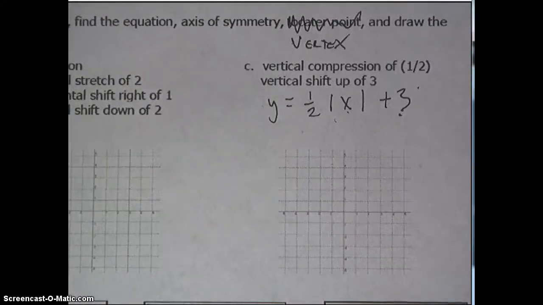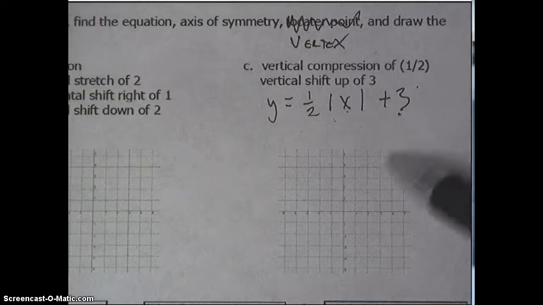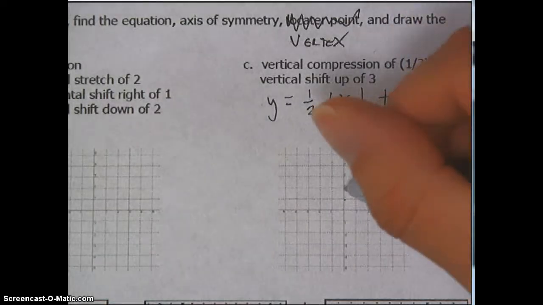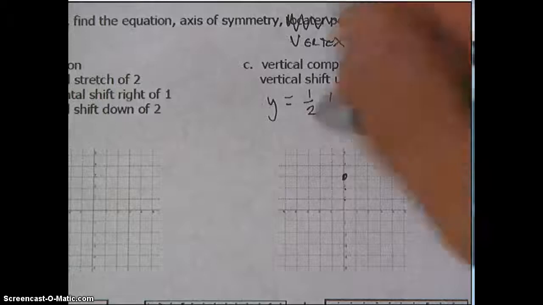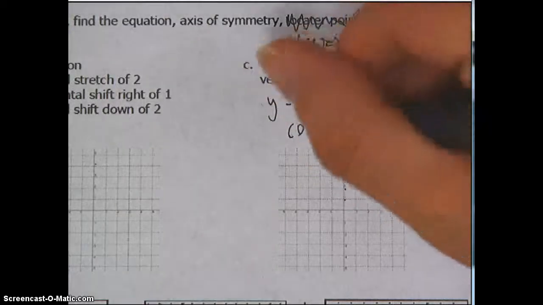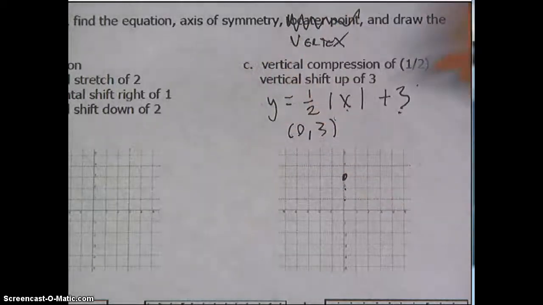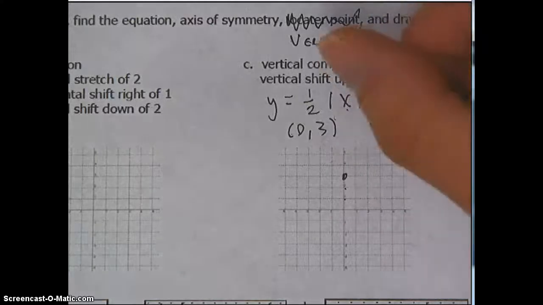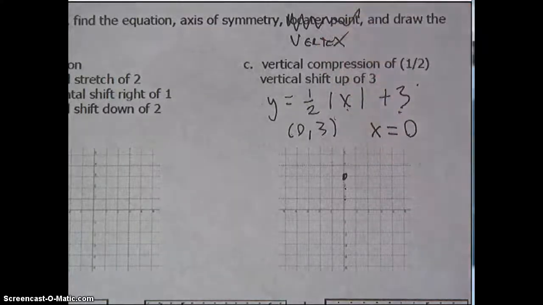So let's go ahead and write our vertex. So if it's plus 3, the vertex is going to be 1, 2, 3. Now, I'm not going left to right at all. So I know that this vertex is at 0, 3. And that axis of symmetry that's going to cut this v right in half, that's still the line x equals 0.